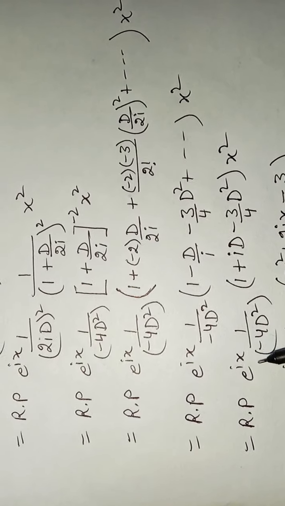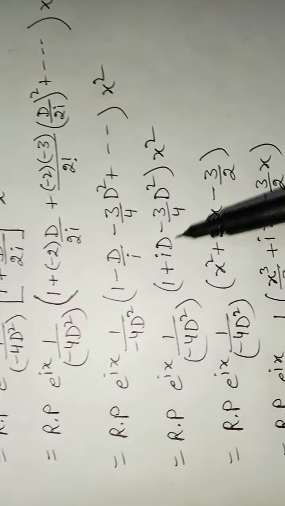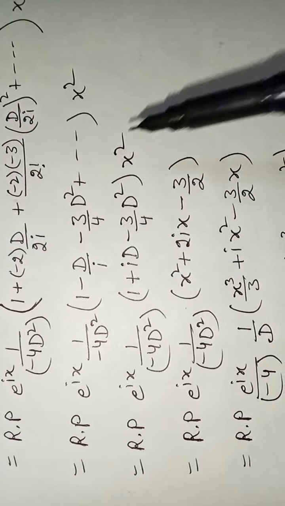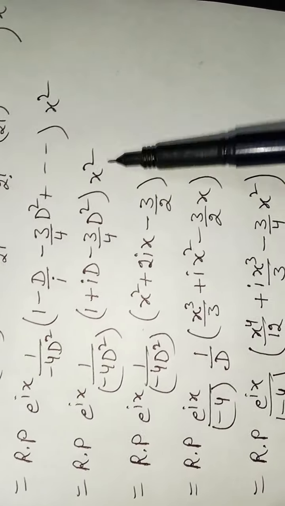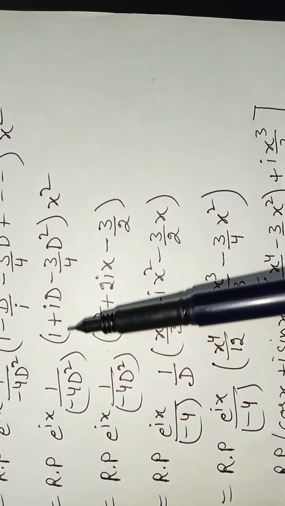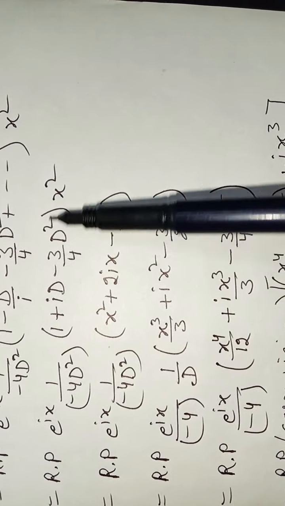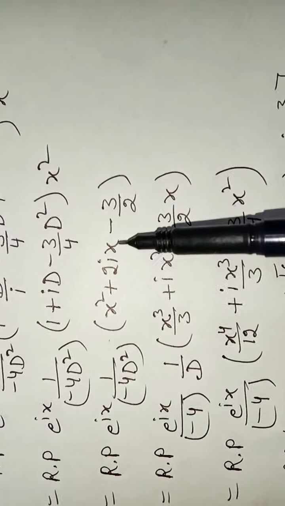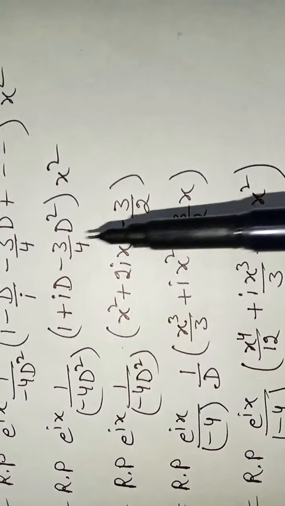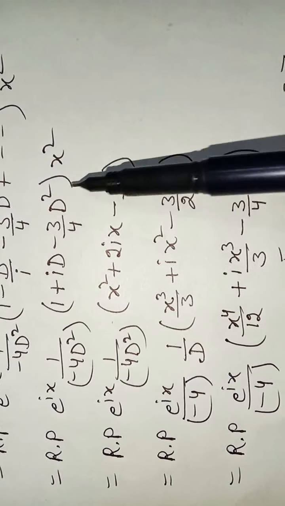So real part of e^(ιx), 1 over minus 4D², operating on x². Now we operate this operator on x². So x² plus ι times the derivative of x², which is 2x, minus 3/4 times the second derivative of x², which is 2.